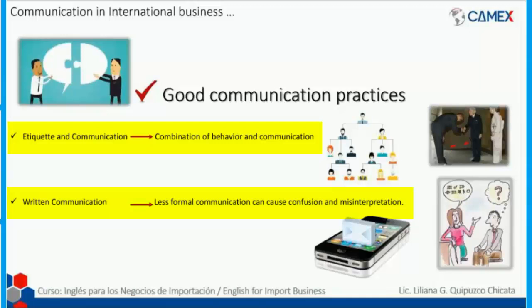So a good communication practice is to be very formal when you communicate via written communication, in this case maybe a text message or an email. Why? Because the less formal you are when communicating in a technological way, the more you can cause confusion and misinterpretation. So it is really important to do our homework and write in a proper way.